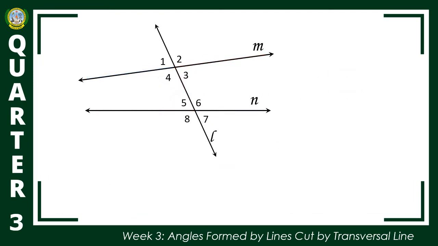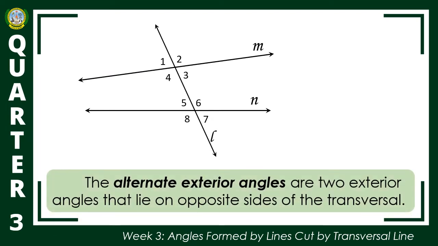Next, syempre kung meron tayong alternate interior, edi meron ding alternate exterior angles. Okay? So, alternate exterior angles are two exterior angles that lie on opposite sides of the transversal. So, parang katulad lang din sa alternate interior, dapat magkabilang side ng transversal at hindi sila magkatabi. Meaning, ang partner po ng angle 1 is si angle 7.